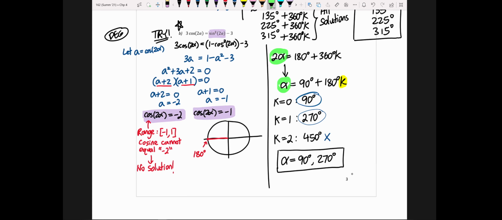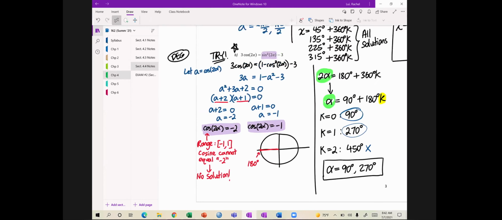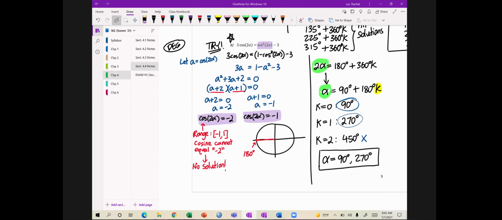Also, check the plus or minus signs. Check that when you're working with cosine, you're looking at the x coordinate on the unit circle. When you're working with sine, we're looking at the y coordinate on the unit circle. There are a lot of potential careless errors, but those can be prevented by checking our work carefully.